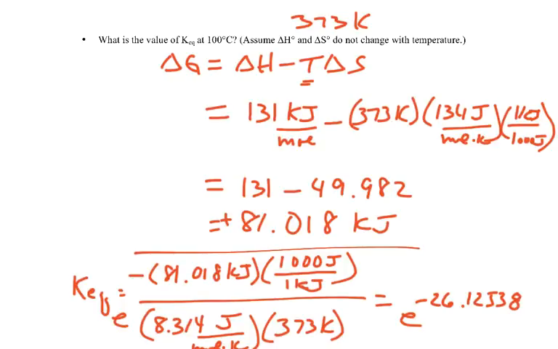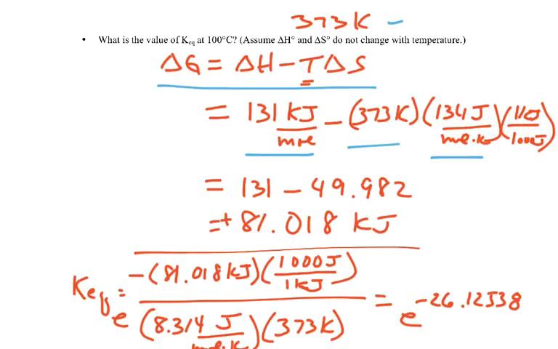Okay, I've gone through and set this up, so I'm using delta G equals delta H minus T delta S. From earlier in the problem, we saw that delta H is positive 131 kilojoules per mole, and delta S is positive 134 joules per mole Kelvin. My temperature changed into Kelvin is 373 Kelvin.